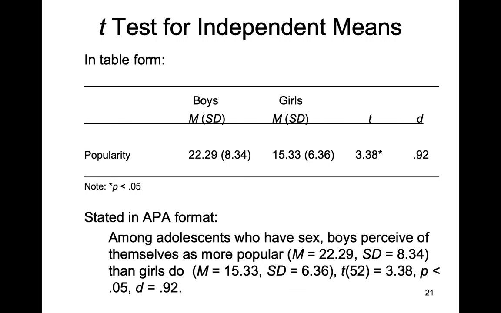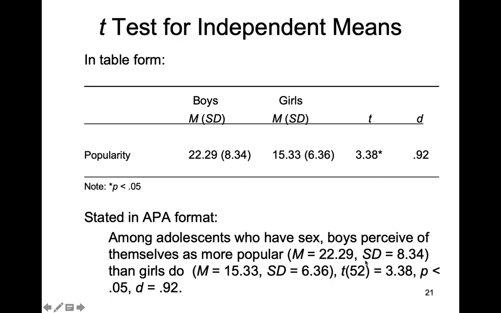You might see a statement like this: among adolescents who have sex, boys perceive of themselves as more popular, mean is this, standard deviation this, than girls do, mean. And then here's a t-test: t with 52 degrees of freedom, we calculate a value of 3.38, p less than 0.05. That indicates a statistically significant result because the probability of getting these results, if the null is true, is less than 5%. That's our definition of statistical significance, and then effect size.